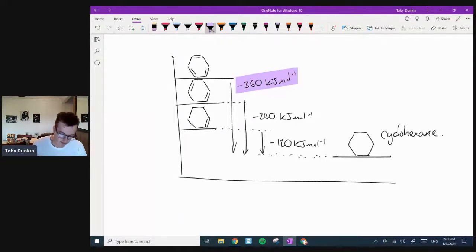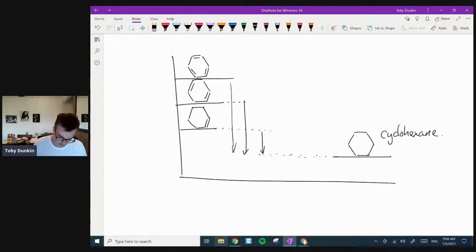But it turns out it's not. Benzene actually sits at minus 218. This is where it's a bit of a nightmare to add into the picture, but if I move all these numbers, I can add it into the diagram.